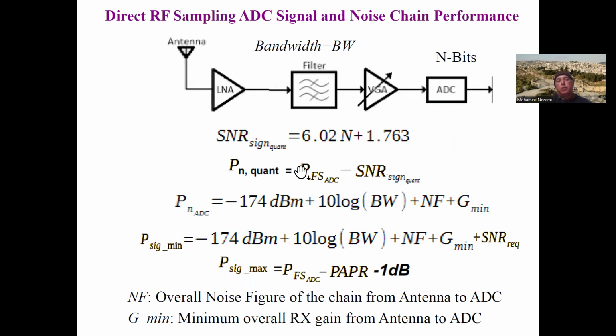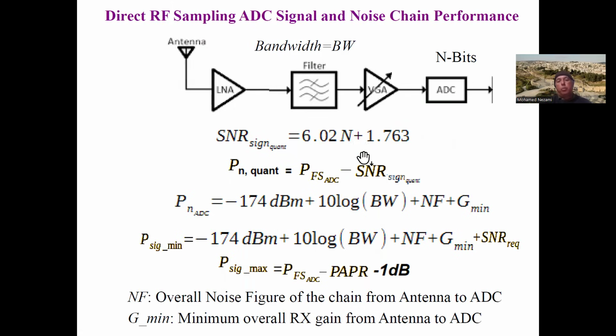The first equation was that the signal-to-noise ratio due to quantization is always represented by the number of bits multiplied by 6, plus 1.763. So if you have 10 bits in here, that's 60 dB SNR plus almost 1.7, say 2, for instance.